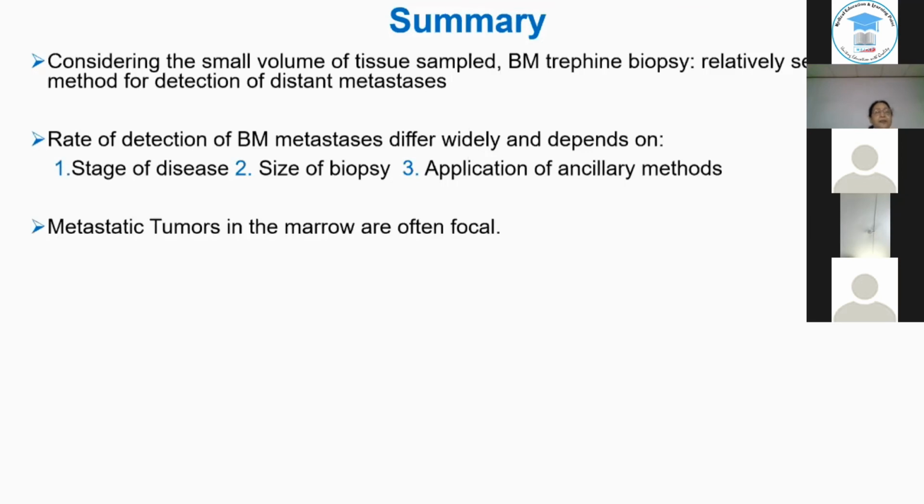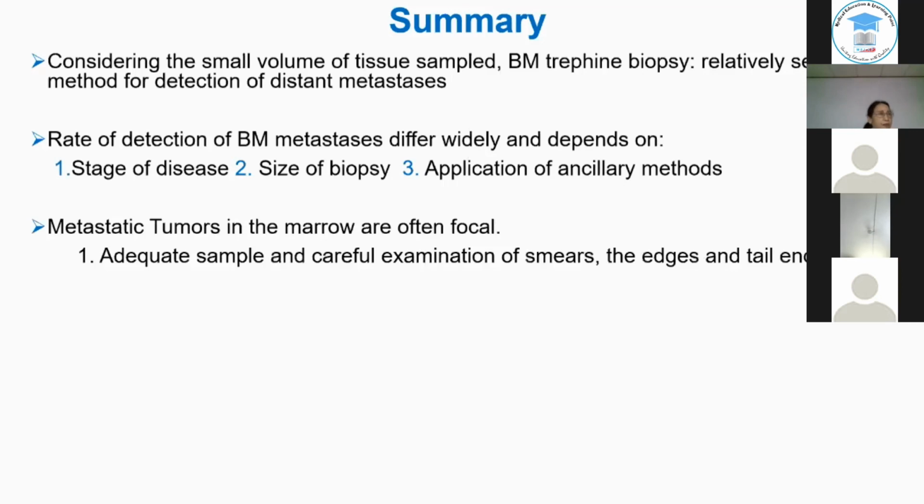Metastatic tumors in the bone marrow are often focal, so you require adequate sampling and careful examination of all the smears, especially the edges and the tail end of the smears.